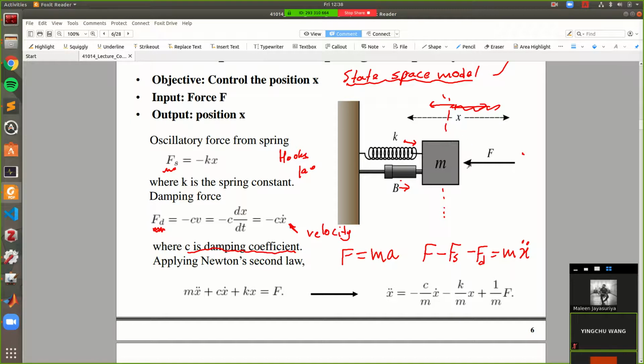All right. Anyway, so you have this relationship. If you substitute these values, minus kx and cx dot and whatever, what you get is this relationship, right? Okay, these pluses and minuses are slightly confusing. Sorry about that.